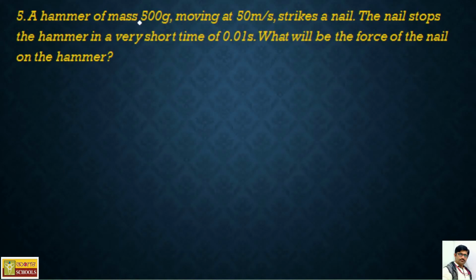A hammer of mass 500 gram, moving at 50 meter per second velocity, strikes a nail. The nail stops the hammer for a very short interval of time of 0.01 second.